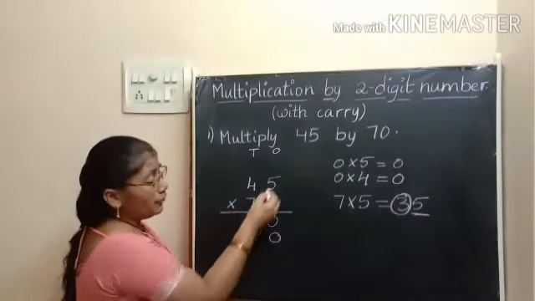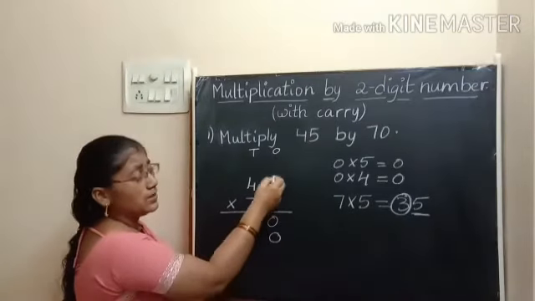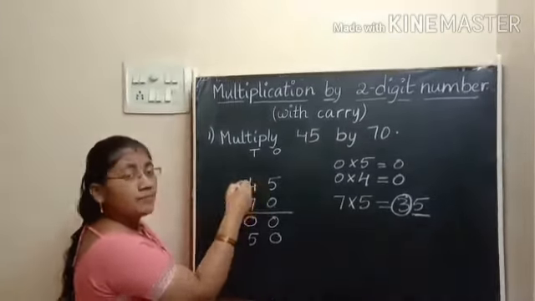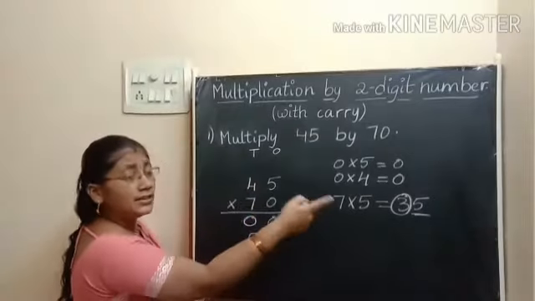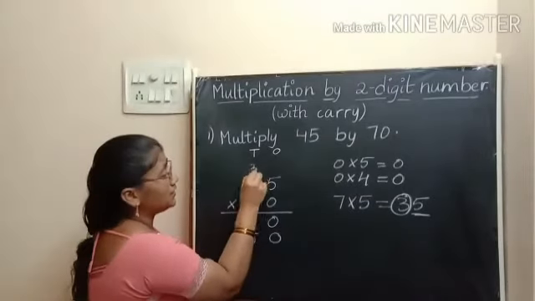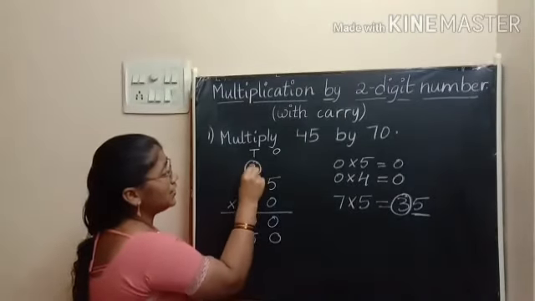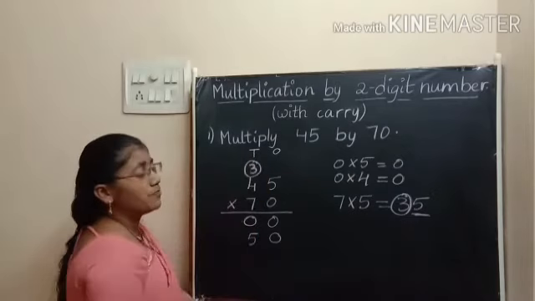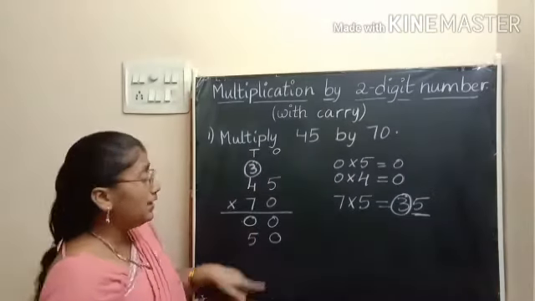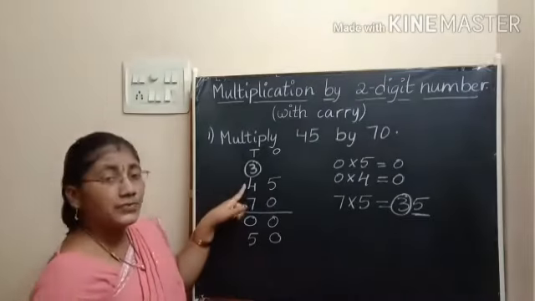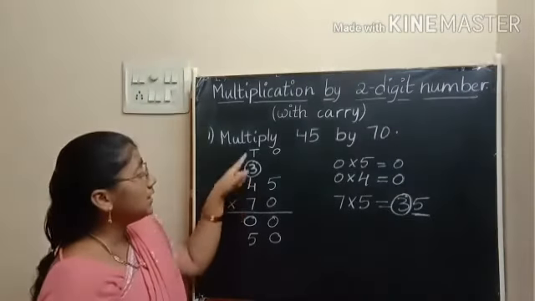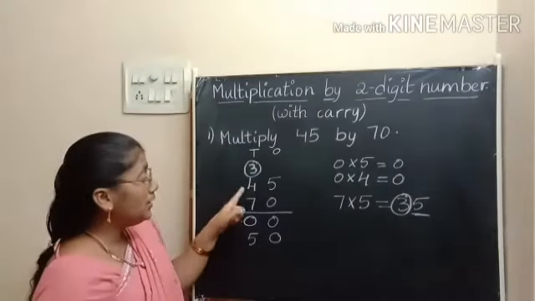Next place we are multiplying the digit in ones place. What is the next place? Tens. So we should write that carry in tens place. So 3 is the carry in tens place. Now we should multiply 7 and 4. 4 is the digit in tens place. So we should multiply these two.